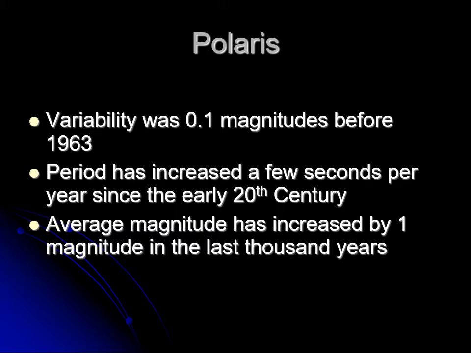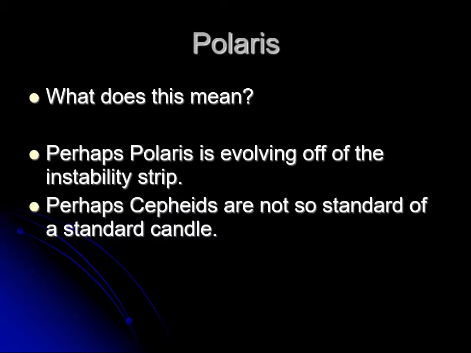So what does that mean? Well, we realized later on that Cepheid variables are actually a type of unstable star that's in the process of dying. So Polaris may actually be dying and evolving out of its period of variability to actually fully die.